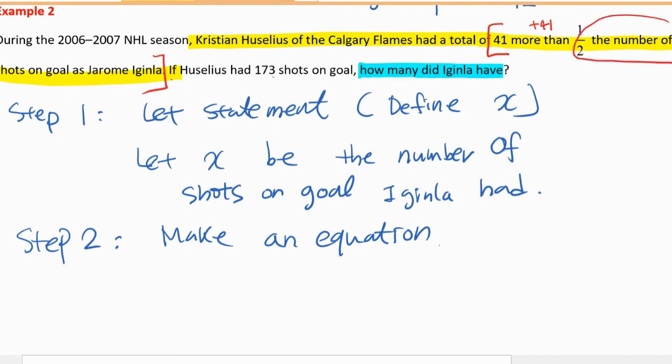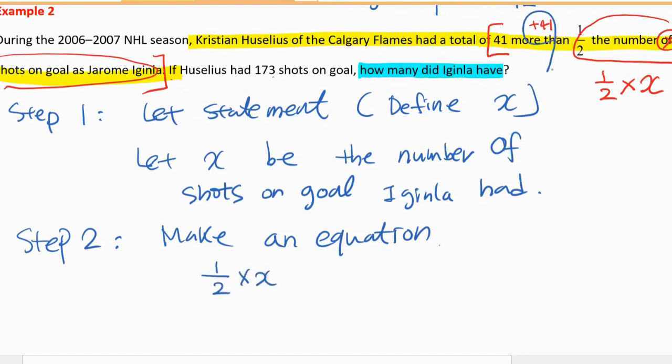1 over 2, half the number of shots on goals of Jerome Iginla. Okay, half the number of is multiplication, everyone. Half times shots on goal as Jerome Iginla. So we define this to be x. So that is 1 over 2 times x. So the equation will be 1 over 2 times x, and we have to add 41.